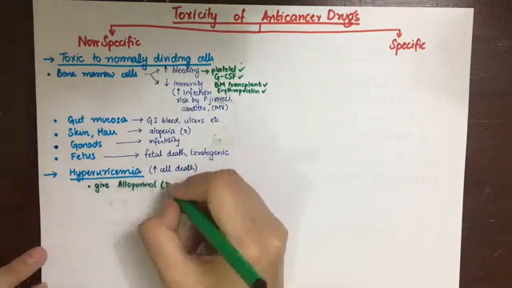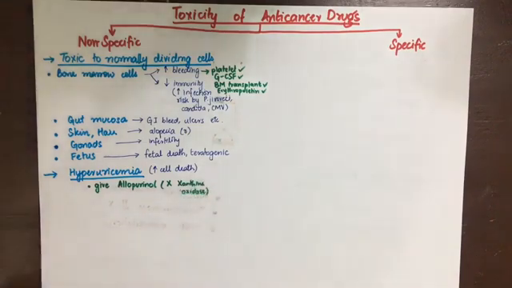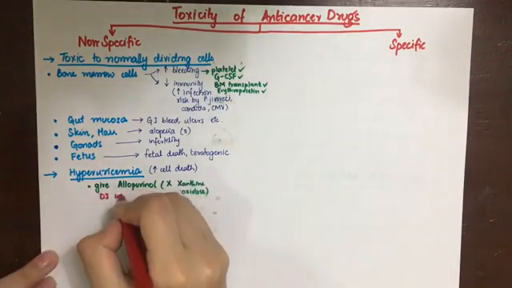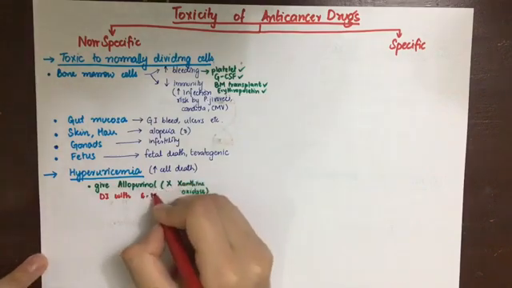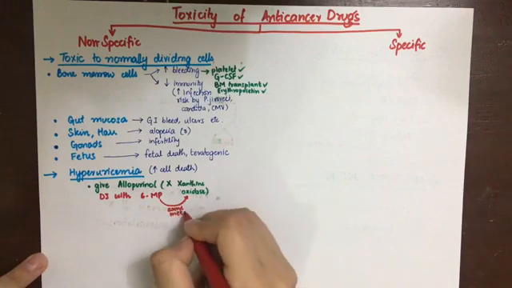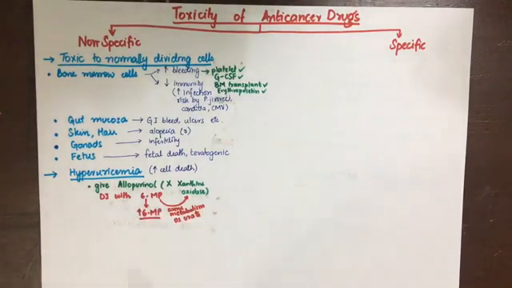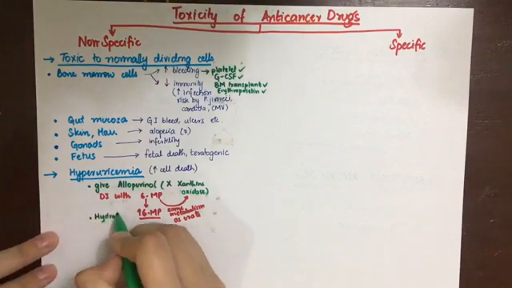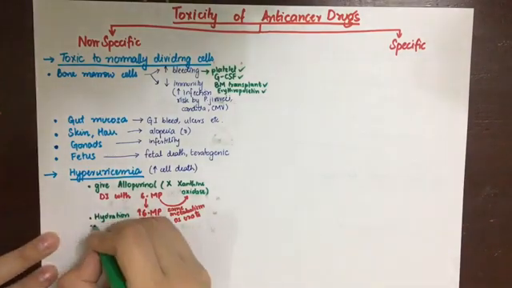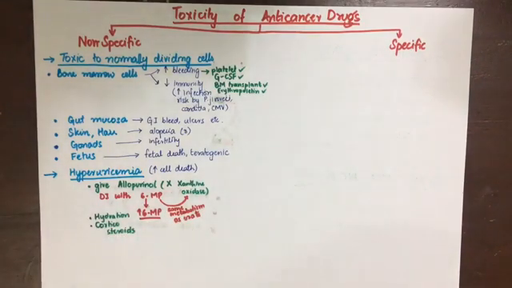To manage this, we can give allopurinol, but an important drug interaction should be remembered while giving allopurinol to cancer patients, because they might be taking 6-mercaptopurine, and 6-mercaptopurine is also metabolized by xanthine oxidase, and this is the enzyme that is being inhibited by allopurinol, and thus this can lead to increased concentration of 6-mercaptopurine in the blood. Hyperuricemia can also be managed by hydration and corticosteroids.